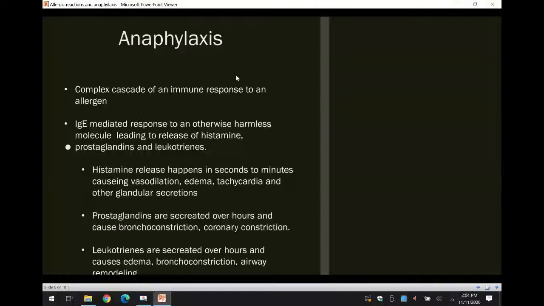And you can get your edema and tachycardia, and then histamine also causes a cascade of other mediators, which are your prostaglandins and leukotrienes.